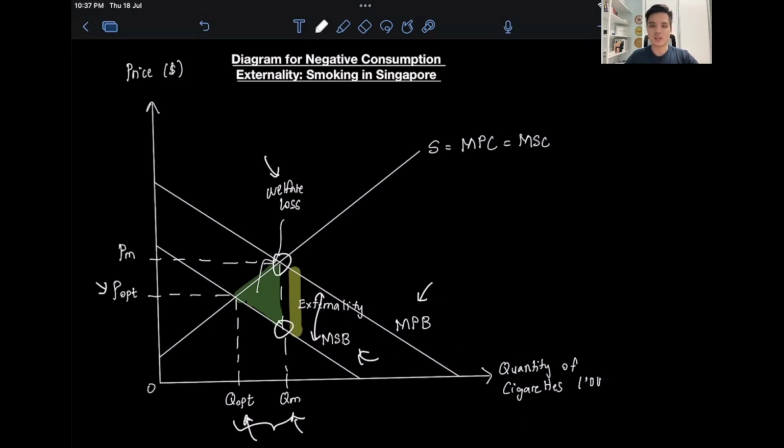When discussing actions by consumers, like in this example of smoking in Singapore, we discuss them in terms of benefits because consumers enjoy benefits. So in this example, the MPB and MSB curves are affected, whereas the supply curve or the cost curve, as we see over here, remains unchanged in this particular example.